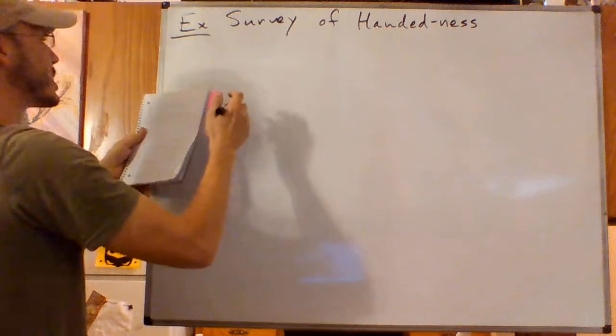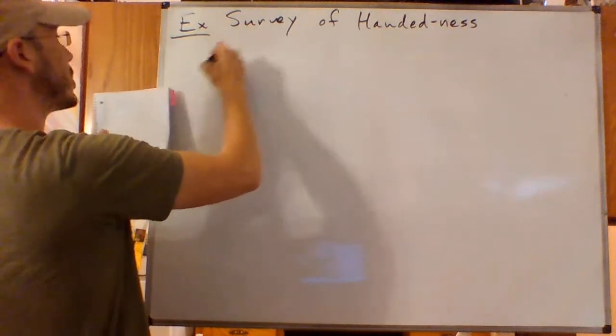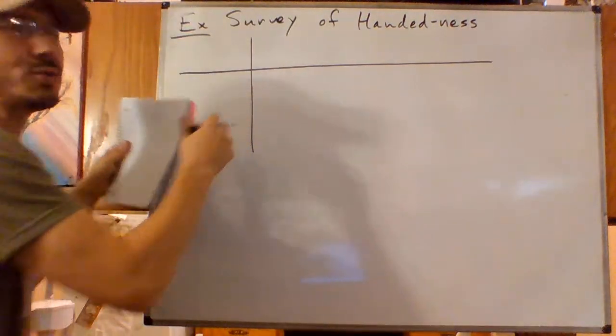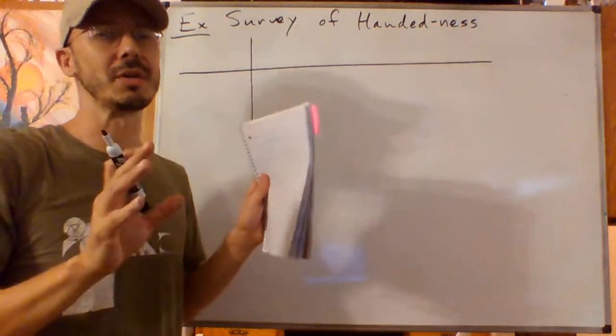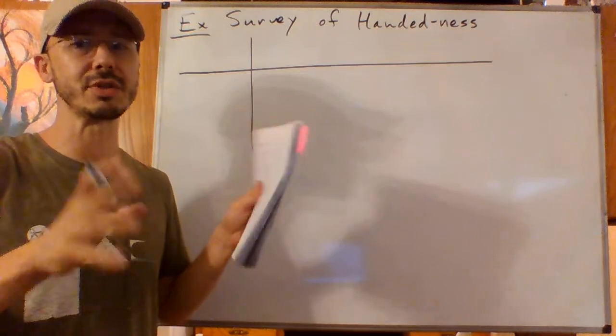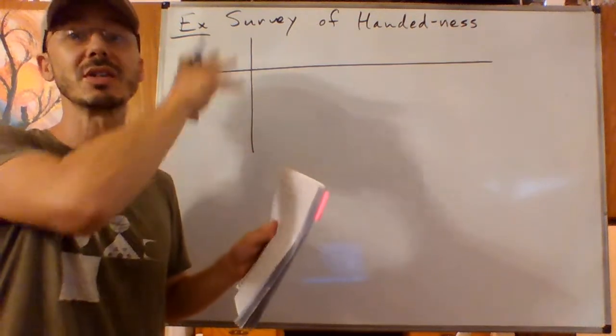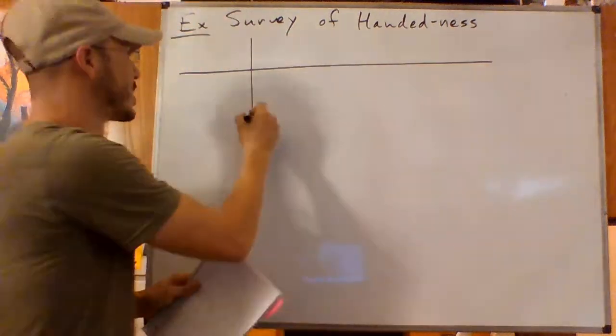And the data is given to us in this table where we're going to have 2 rows and 2 columns, but keep in mind a table with 2 rows and 2 columns really has 3 rows and 3 columns because of the labels for those.